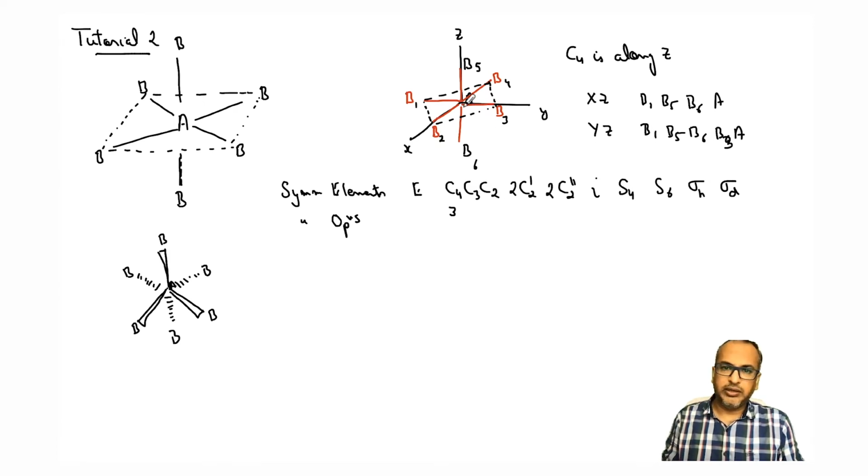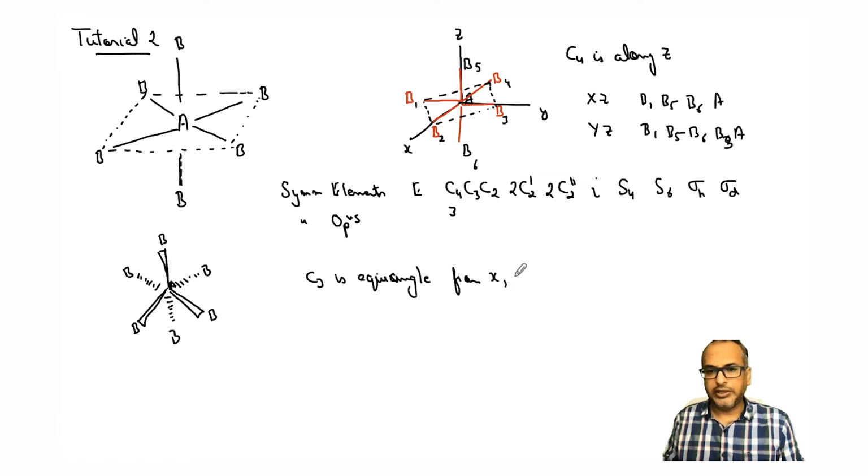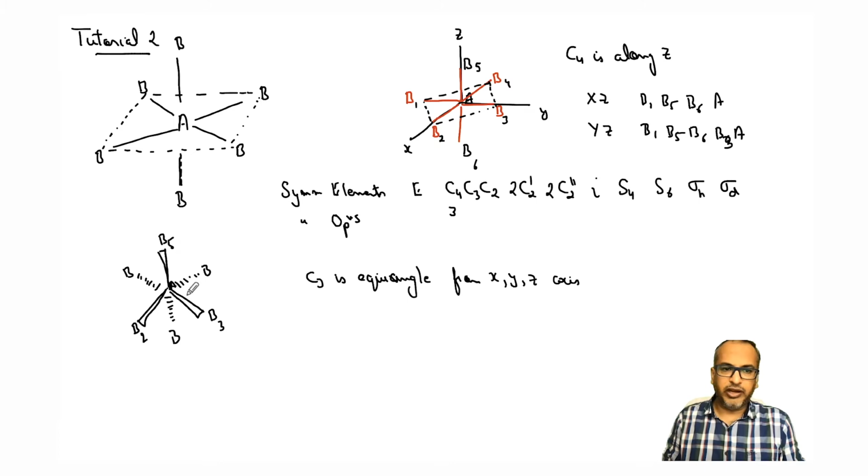You see that my C3 is equiangular from the X, Y, Z axes. It is somewhere in the middle of the X, Y, and Z axes. So I'm looking at B2, B5, and B3. So this is my B2, B3, and B5. And at the back are B1, B4, and B6.